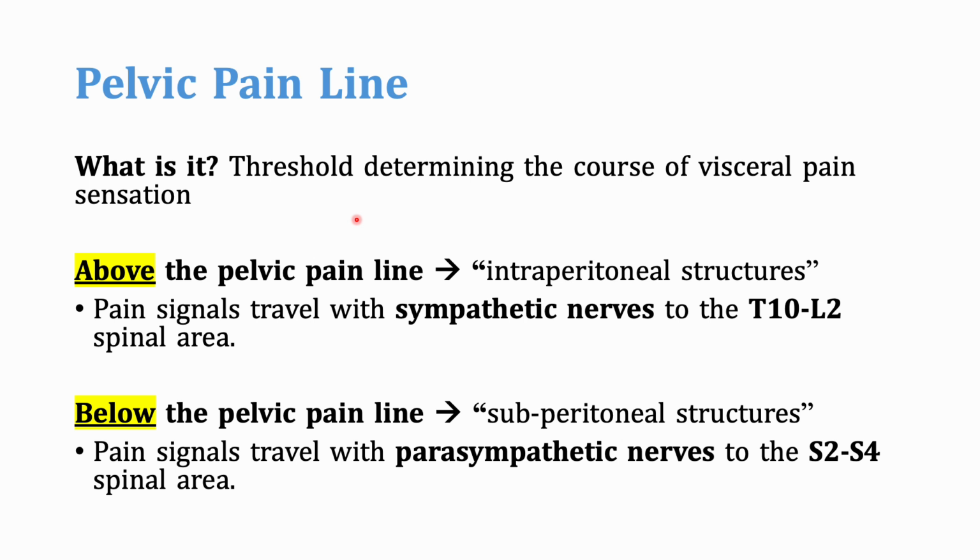Subperitoneal structures are considered to be below the pelvic pain line, and those pain signals travel with parasympathetic nerves to the pelvic splanchnic nerves, which is S2 to S4.